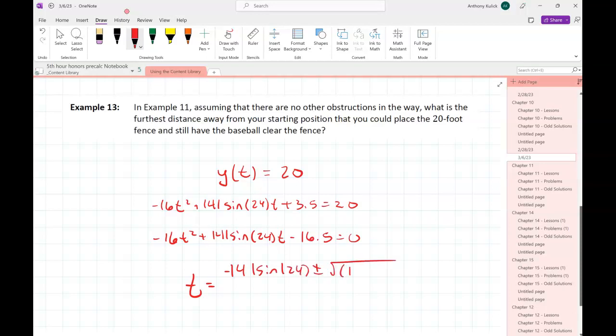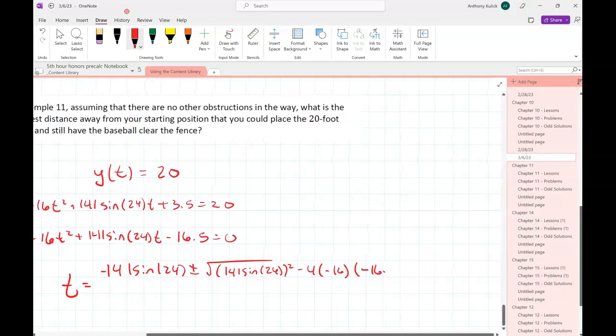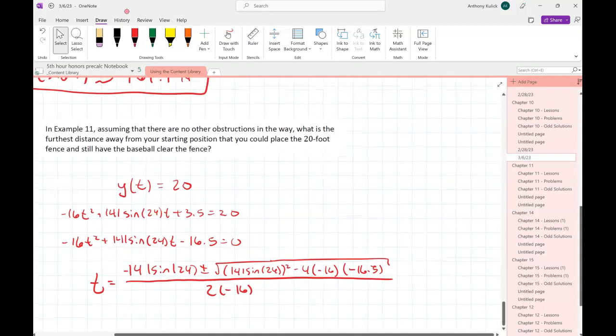The only difference here is that now our C is a new number. That's okay. Everything else is still the same. And because everything else is still the same, that's going to make it nice for me putting it into my calculator, right?